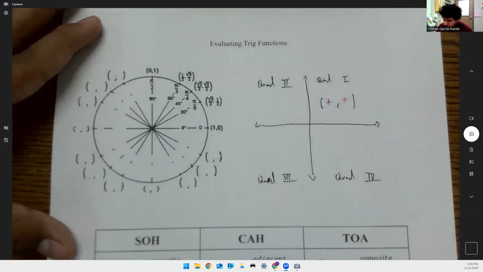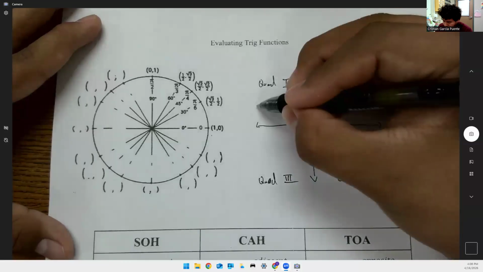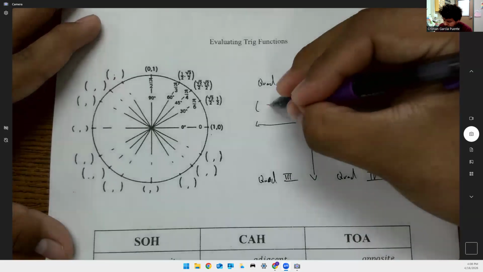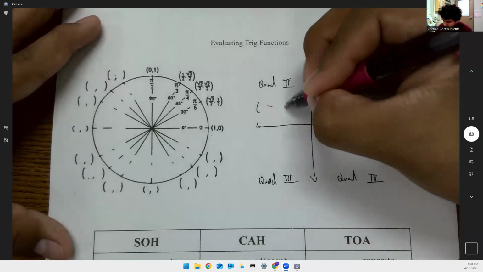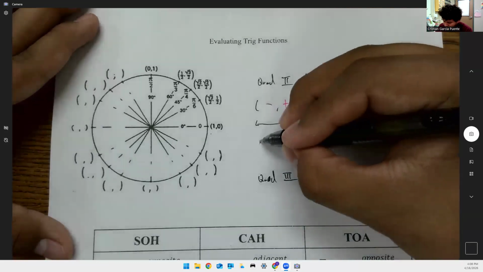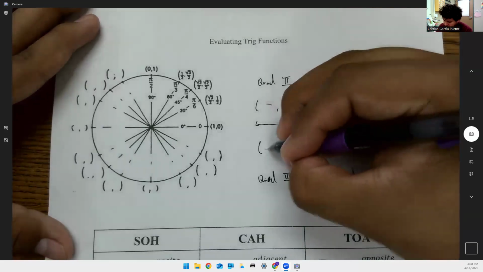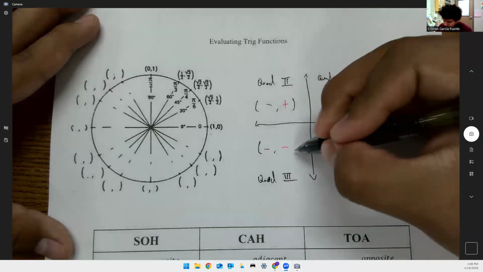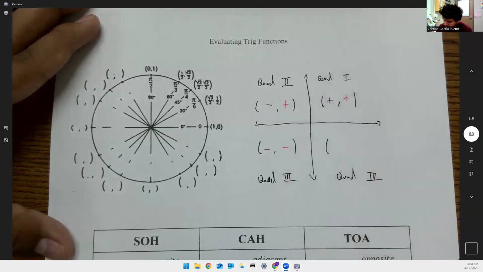In quad two, x is negative and y is positive. In quad three, both x and y are negative. And in quad four, x is positive and y is negative.